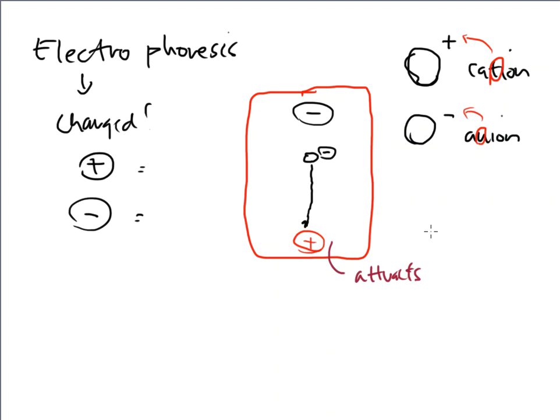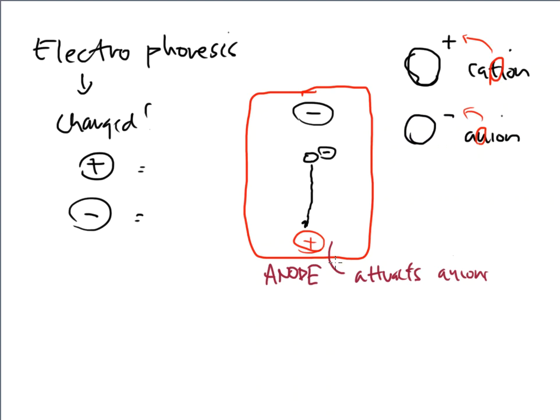All right, because of that, it attracts anions. And we have a proper term for the electrode that creates that positive environment. That electrode, because it attracts anions, is called the anode. That is the proper term that we use.